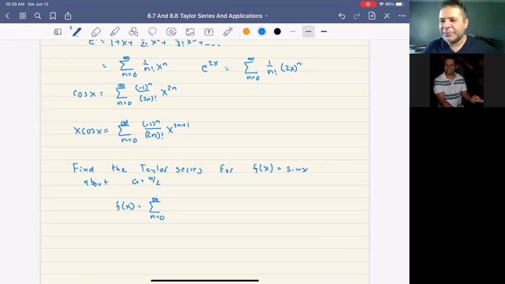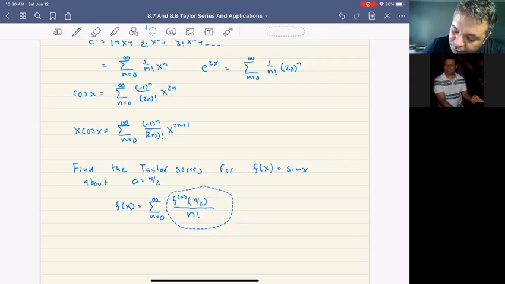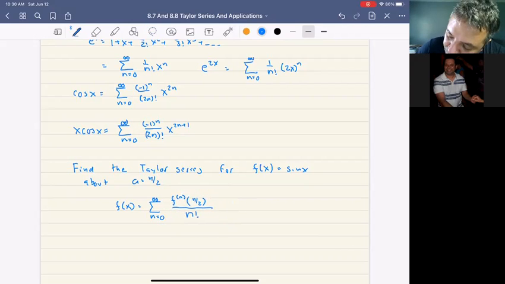Not doing it yet, I'm just doing it sort of in my head or abstractly. The nth derivative at pi over 2, over n factorial, times x minus pi over 2 to the n.